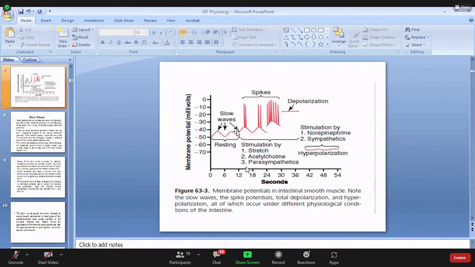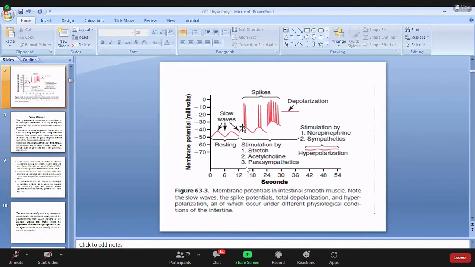And these slow waves are not the actual action potential. They are the slow undulating change in the membrane potential and form the basis of producing the action potential. These spikes are the actual action potential.